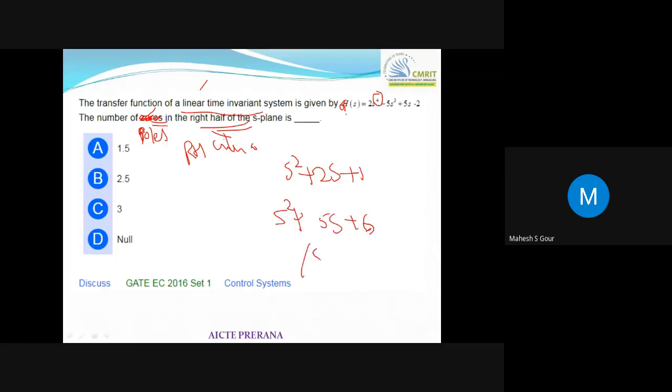If it is second order, directly you will tell that s plus 3 and s plus 2 will be your solution, and both the roots are lying on the left hand side of the S plane, so it is stable. Yes, sir. For second order, you can tell. Third order also you can tell using a calculator. But what about fourth order? Fourth order you should solve using RH criteria.